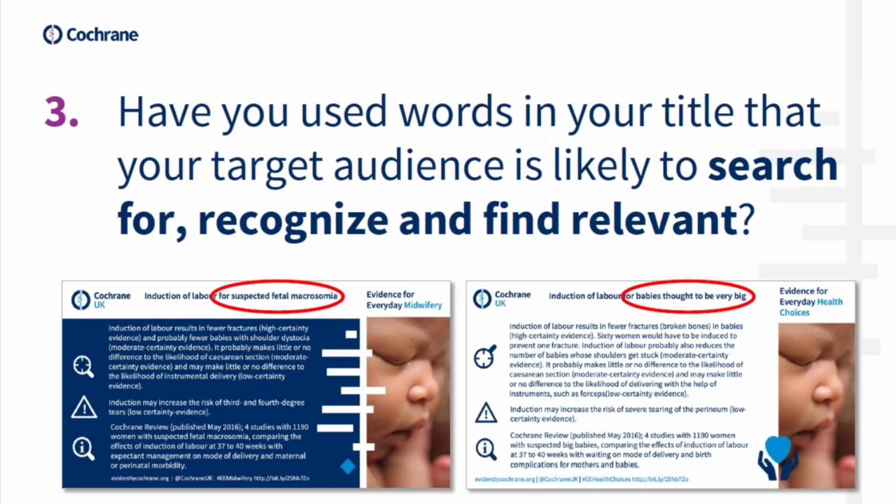On the left-hand side, you have a blogshot designed for midwives, where they refer to suspected fetal macrosomia. And on the right-hand side, they've changed the text to adapt to an audience which is primarily parents, where they referred to babies thought to be very big. So same review, very different heading because of the terms that they think their audience is likely to be searching for.